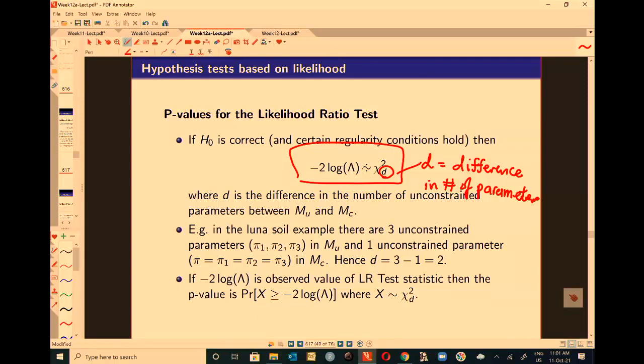Yes? Two lectures ago, we used that test to compare the Poisson to the negative binomial. Is that considered nested models, or are they different models? They're different models, but you can still use the same idea. Not necessarily nested, yes.